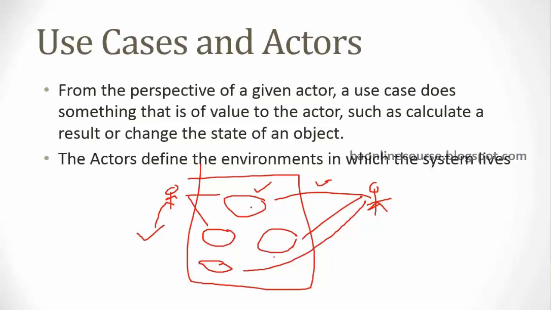This guy would interact by using these 2 features, and this guy would interact by using these 3 features or use cases. That is all a use case diagram is conveying. So overall I can look at this and figure out the system is giving me these 4 features, and there are 2 people involved in it, and they're doing this using these 4 features available in the system.